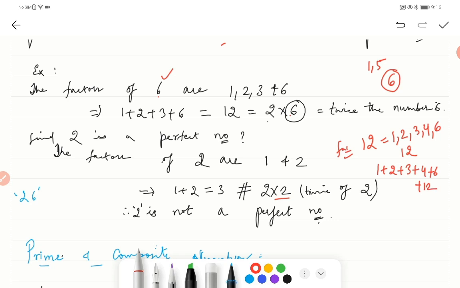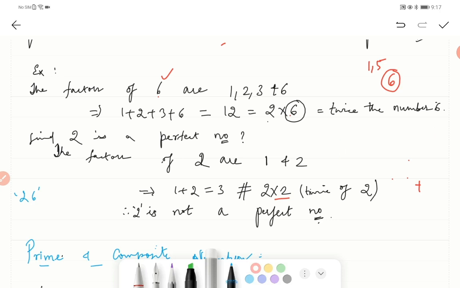So this is 10, and 10 plus 12 is 22, 23, 24, 25, 26, 27, 28. So is it 12 into 2? It is actually 24. So 12 is also not a perfect number. I hope everyone will try to find out which is the next perfect number after 6. Alright.